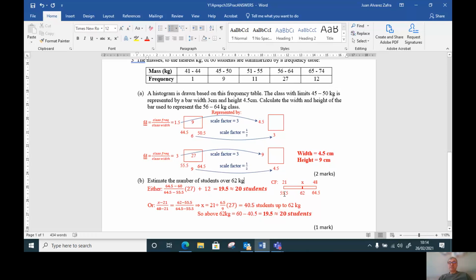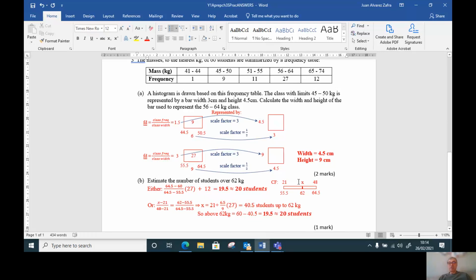So it's actually represented by 55.5 to 64.5 weights. And the weight of 62 kilograms we're interested in, we can locate relative to that at the bottom. And the cumulative frequencies, if we add up 1, 9, and 11, that gives us 21, plus 27, that gives us 48. So there are 21 values up to 55.5 kilograms, and there are 48 values up to 64.5 kilograms.